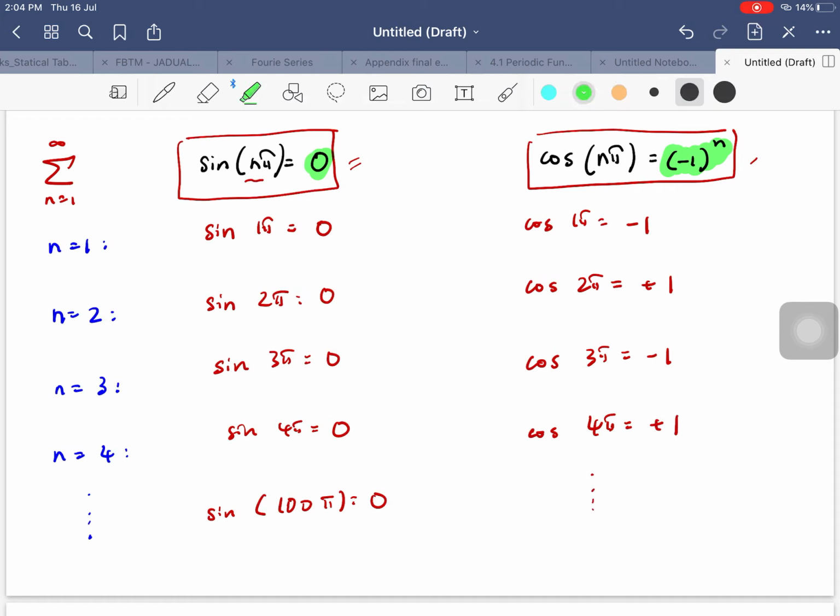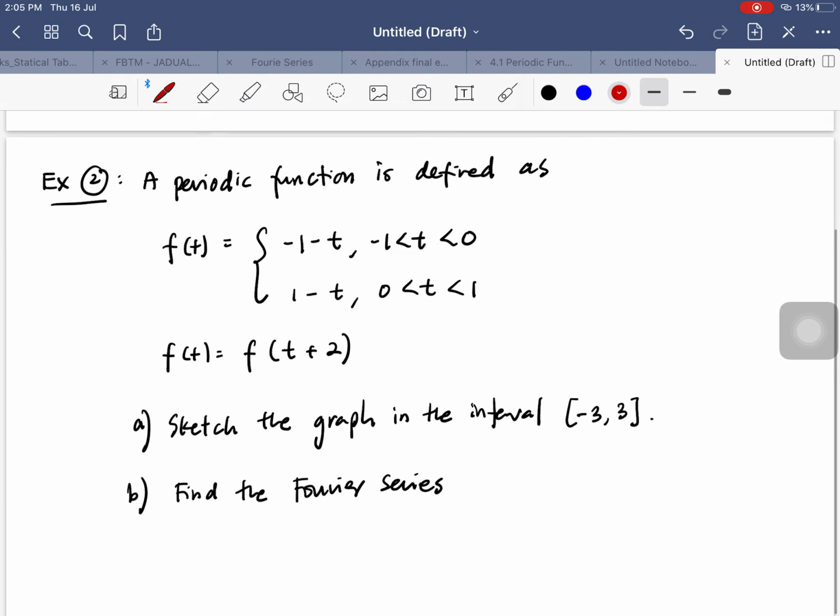But I want you to notice that if you have an odd number, the value is going to be negative 1, and if you have an even number, the value is going to be positive 1. Which is what happened over here: negative 1 to the power of n. So that is why, when you come across cos n pi, simply replace that by negative 1 to the power of n.